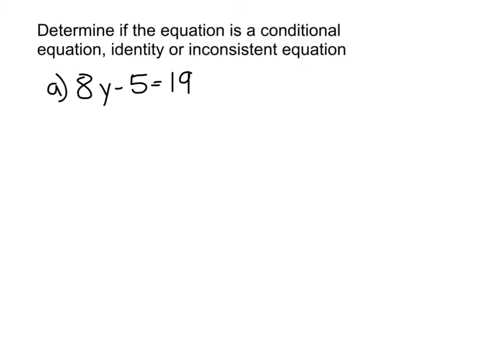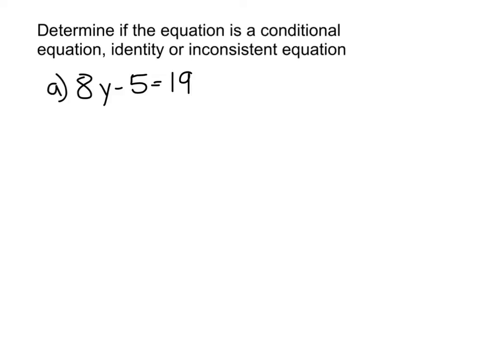So what are these? Conditional equation means that there's at least one answer, or at least one root, one solution to the equation. Identity means that every number that is in the domain of the equation is an answer to the equation.